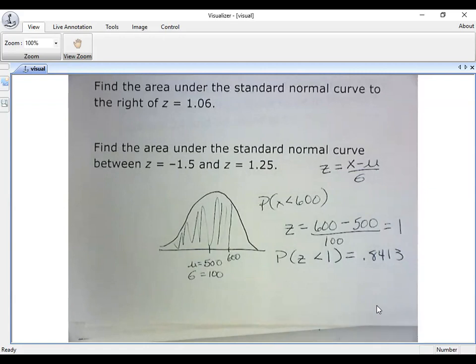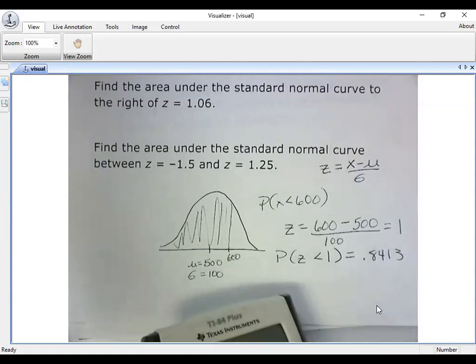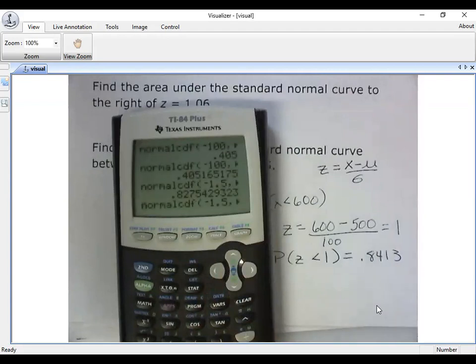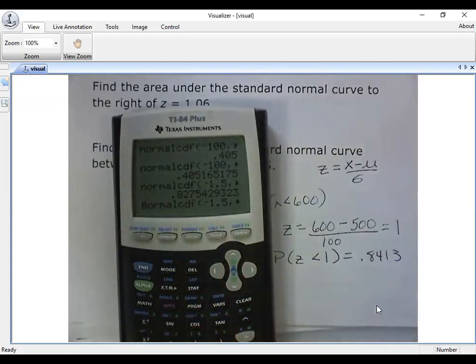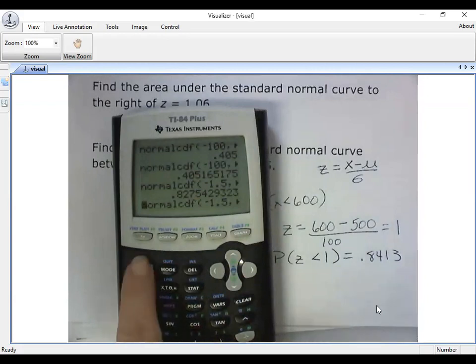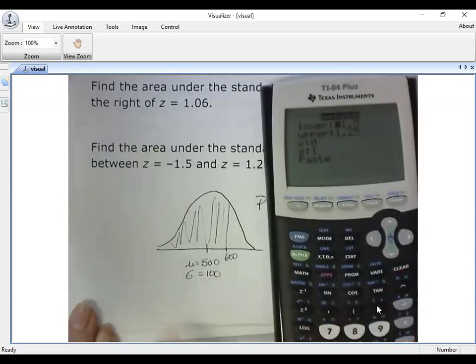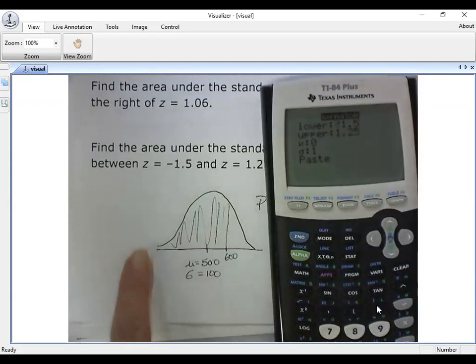Now, let me show you why this is kind of nice, okay? I could calculate this and not have to change it to a z-score. Here's how. If I go back to normal CDF, this time, if I'm looking at my graph, the problem is I'm not sure what this number ought to be.